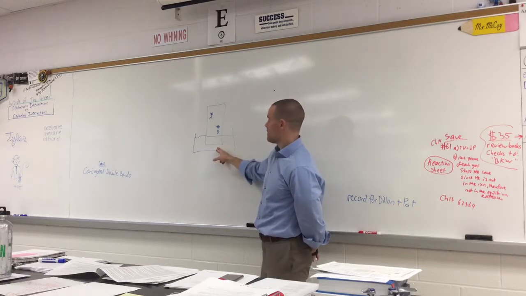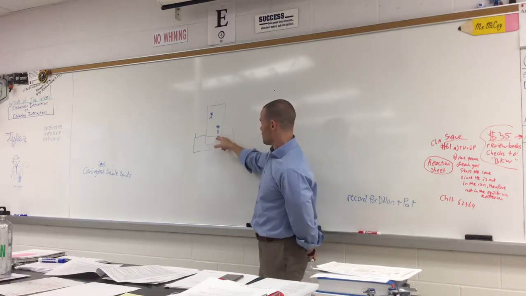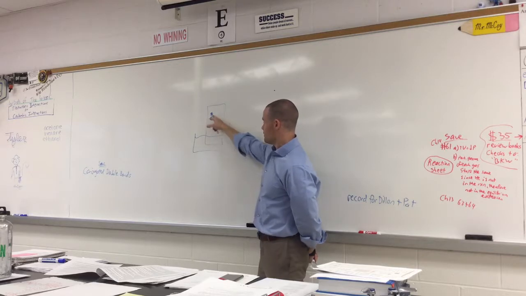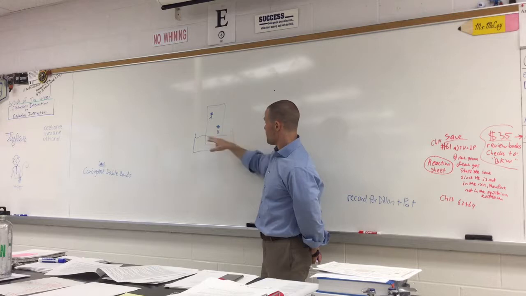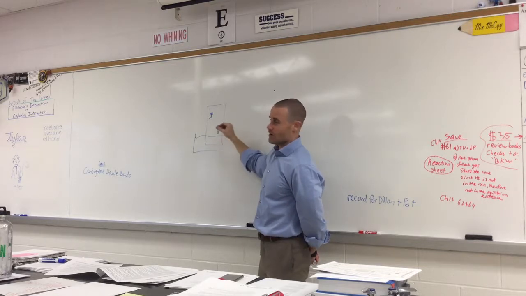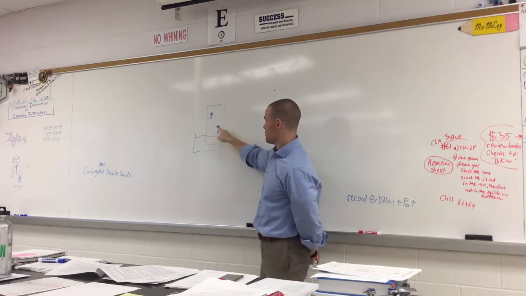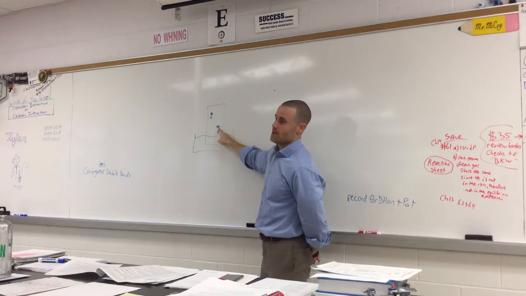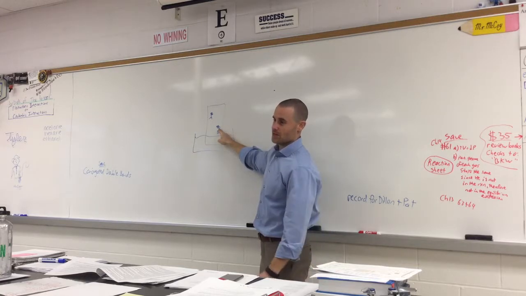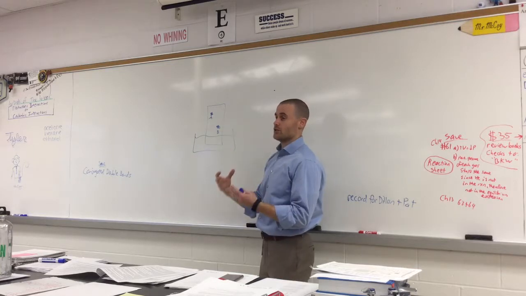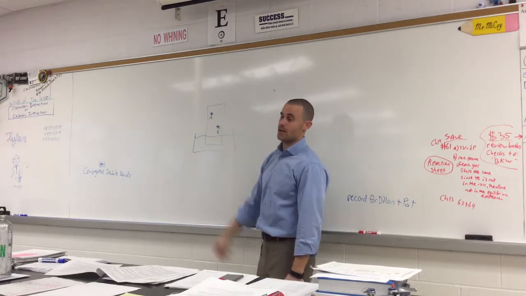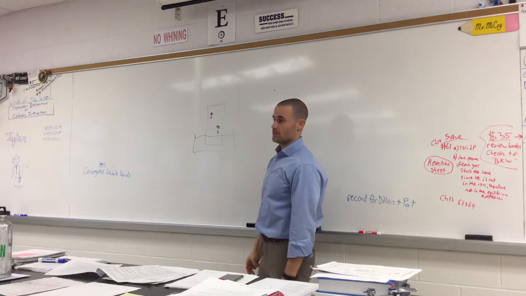So if they're coming from here, and if this is really attracted to the paper, as soon as it touches the paper, isn't it going to want to stay right there? So this is more attracted to the paper. As soon as it starts to touch the paper, it's going to have those attractions, so it's not going to get very far because it's going to stay attracted. Does that make sense?